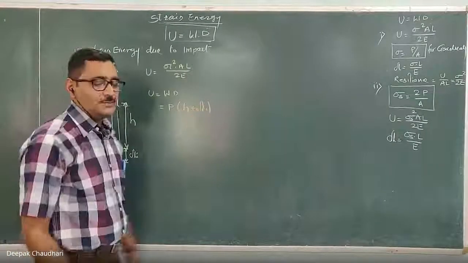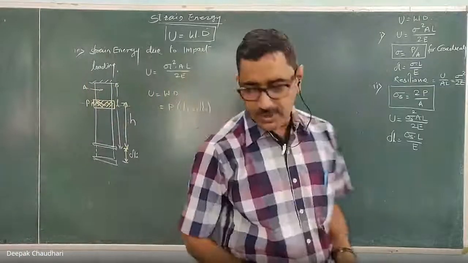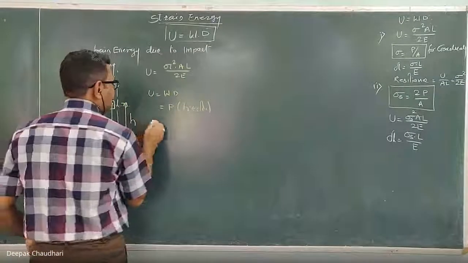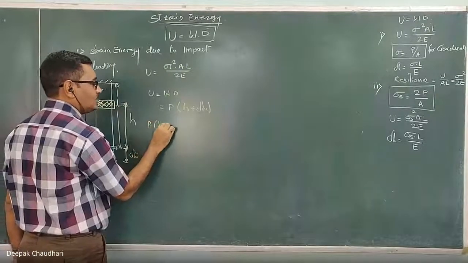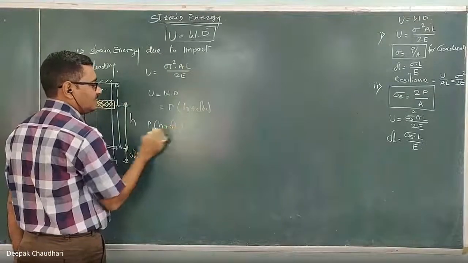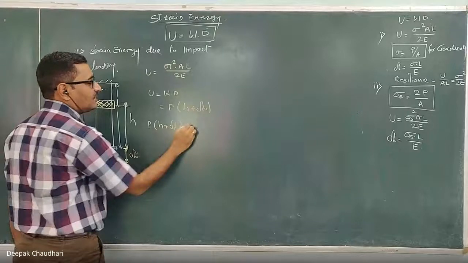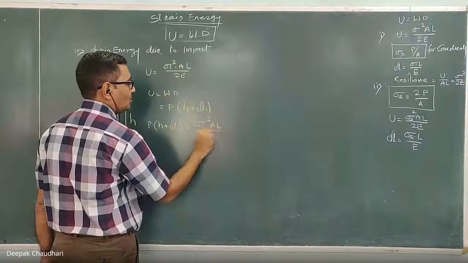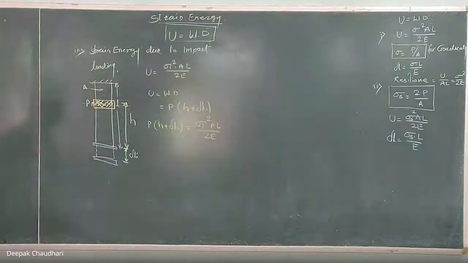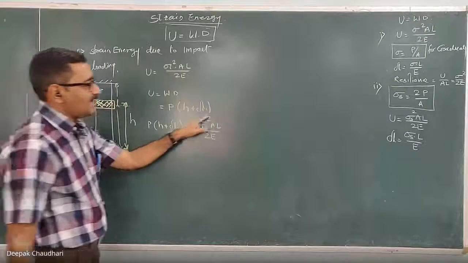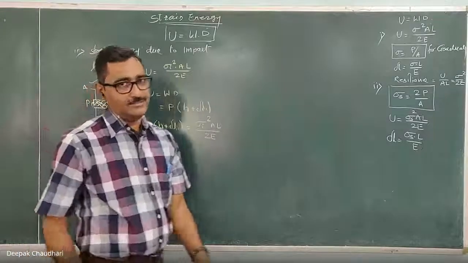It is a deformation because of the impact loading, and this is equal to the strain energy. So I can write P into h plus delta Li. This is the work done, which is equal to the strain energy sigma square Al upon 2E. P into h plus delta Li equals sigma I square Al upon 2E.